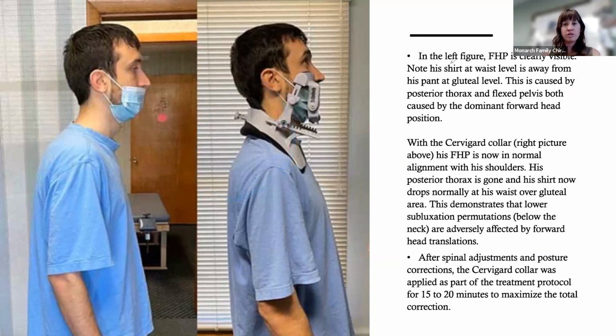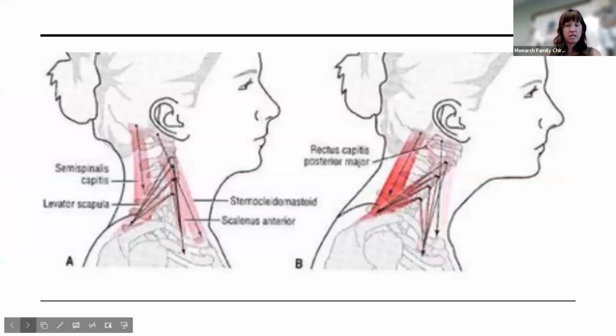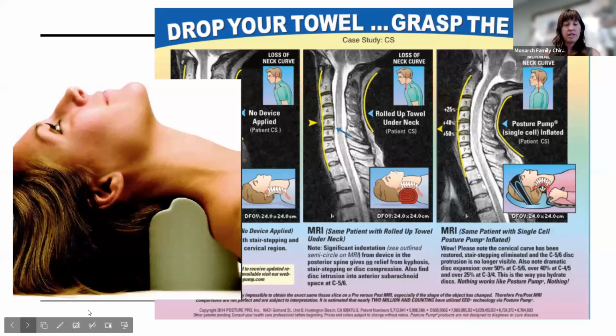But we also use something called a Denner roll, which a lot of you have probably been on. This is a Denner roll with an E, and it is an engineered piece that has shown to actually restore the curve in the spine. And there's a Denner roll for the neck, the mid back, and the low back.